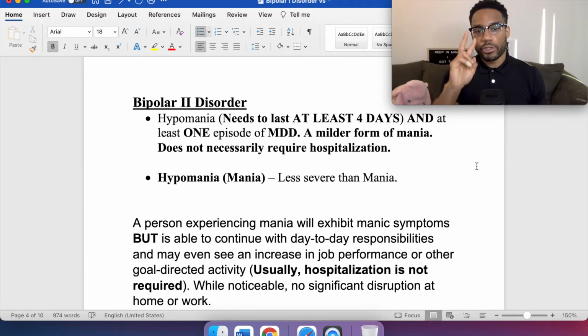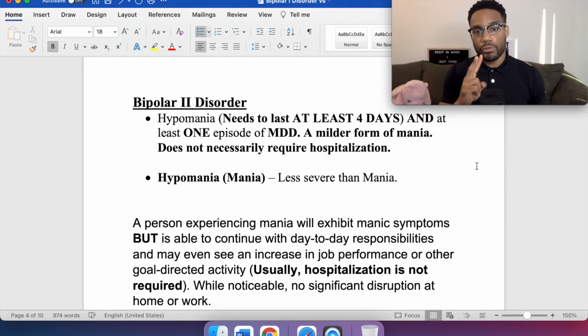So with bipolar 2 disorder, hypomania needs to last at least 4 days, and there needs to be at least one episode of MDD, which is again major depressive disorder. So remember how with bipolar 1 disorder, only a manic phase is needed.